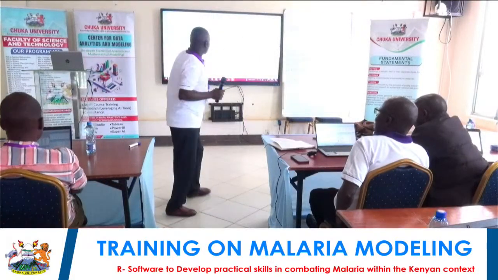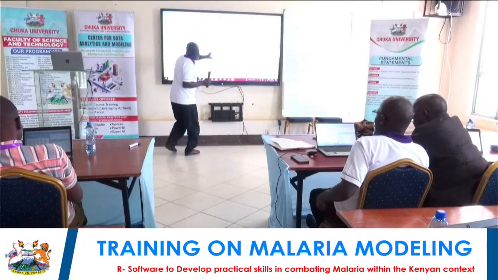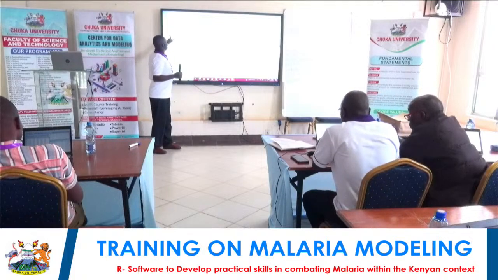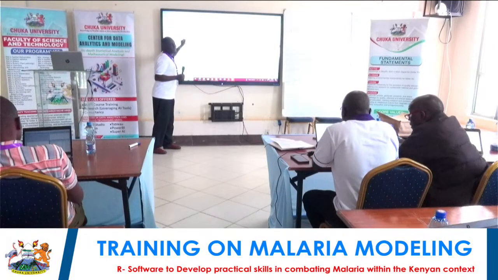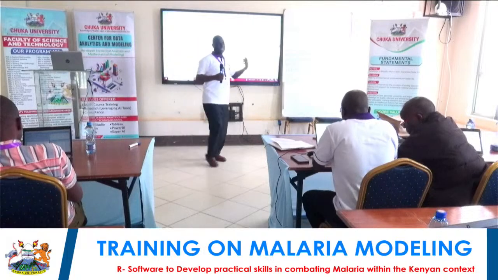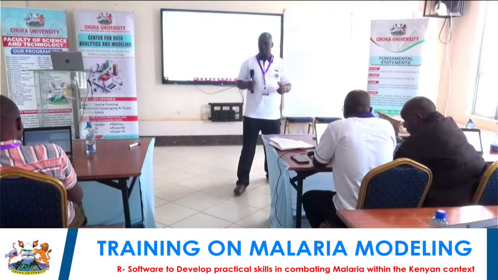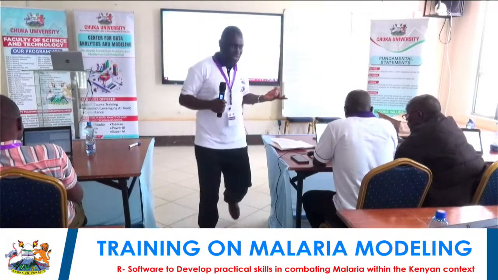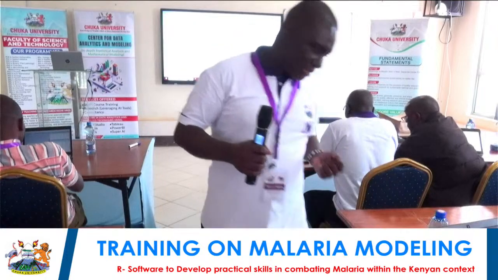Instead of location, we say malaria, dollar sign, then year. Then we create another chunk, then do another one, or any other variable.